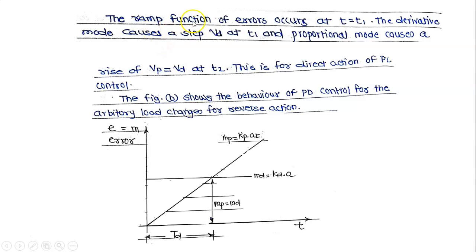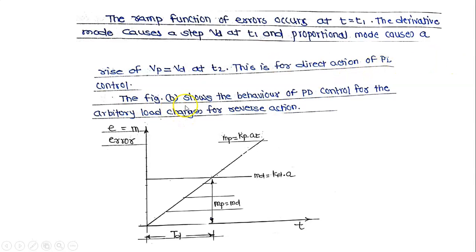The ramp function of error occurs at t equal to t1. The derivative mode causes a step Vd at t1 and the proportional mode causes a rise of Vp equal to Vd at t2. This is for direct action of PD control.